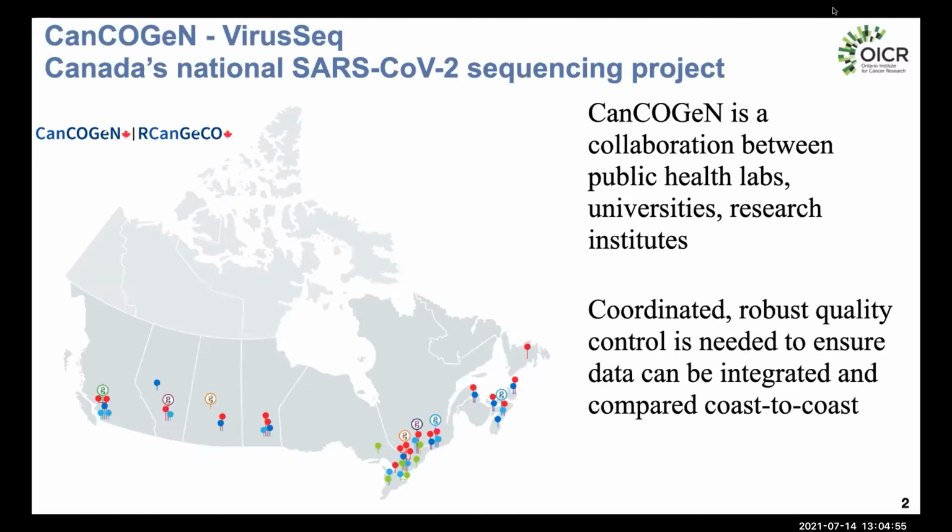So being such a large and distributed project, we needed very strong coordination and to ensure everybody was using the same sequencing protocols, the same bioinformatics approaches, and using the same criteria for determining whether a sequenced genome was sufficiently high quality to use for downstream analysis.